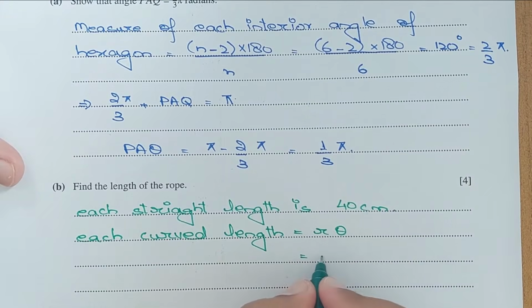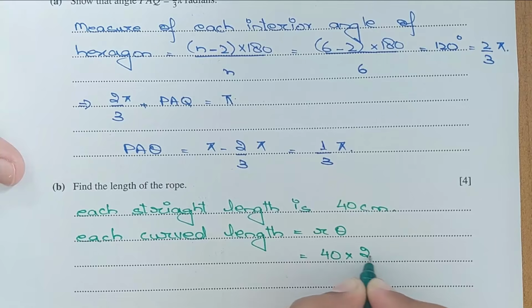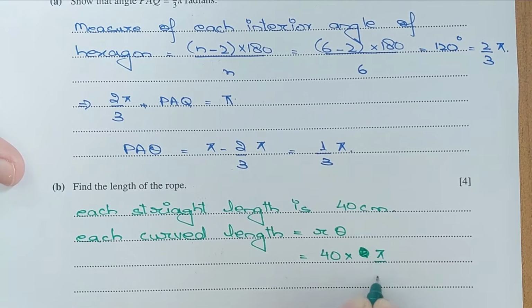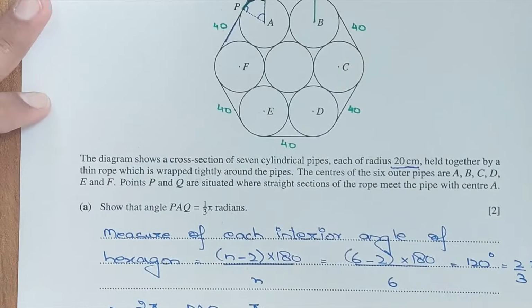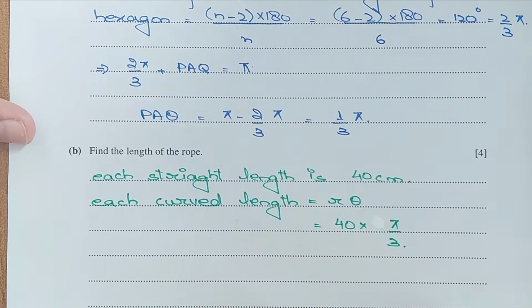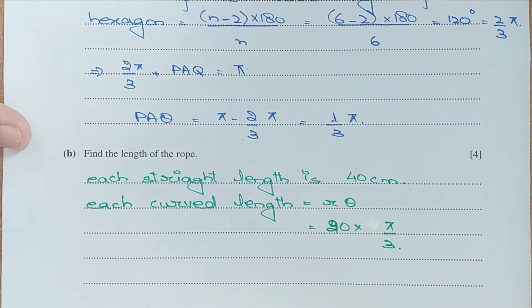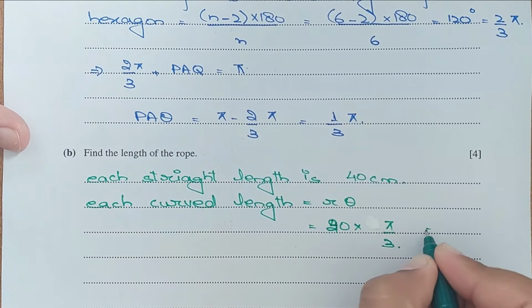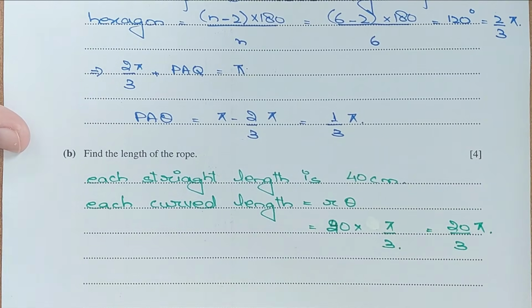So what is the radius? Radius we know is 40, and theta is pi by 3. Sorry, the radius is 20 centimeters as given, not 40. So the radius is 20 times pi by 3. So this is 20 pi over 3, right?